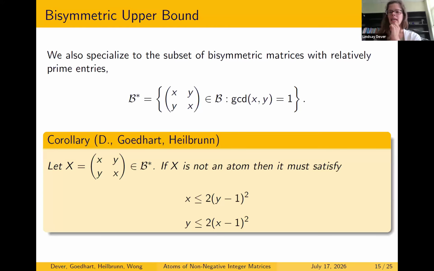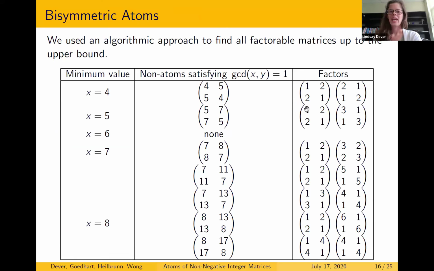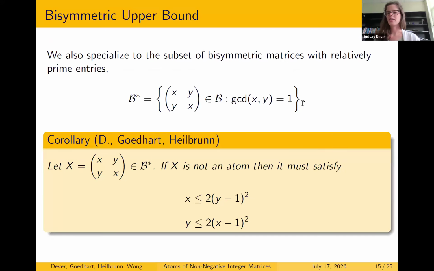And so we did that and looked at their factorizations. And keep in mind, this is still factorization in M2 of N0, so it's still over the semigroup of all non-negative integer matrices.